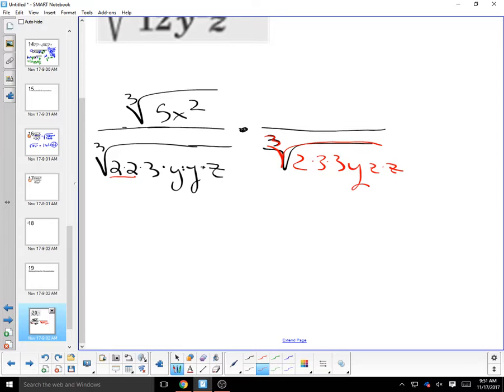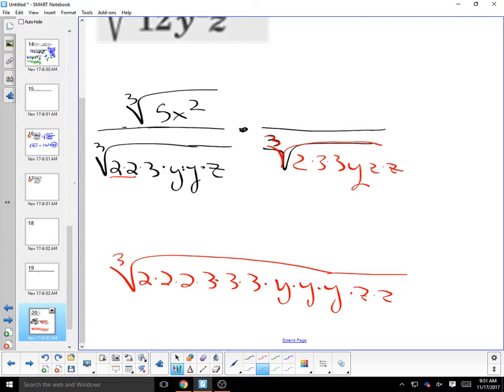So once I have this, let's call this in the bottom, let's call this the answer, okay? That means that my denominator is going to be 6yz. How'd you get that? Well, if I were to multiply the two denominators, I would get 2 times 2 times 2 times 3 times 3 times 3 times y times y times y times z times z times z.